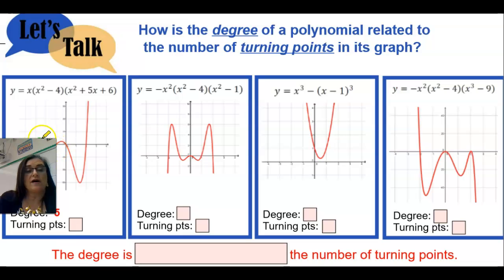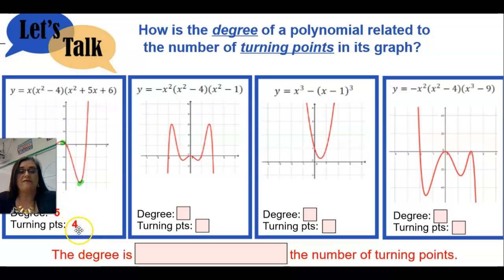So we have one turning point here, this relative max, then another turning point at the relative min. Here's a third turning point, another relative max. Here's a fourth turning point, that's another relative min. So we have 4 turning points in this graph.